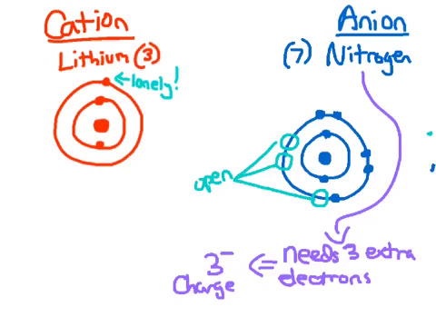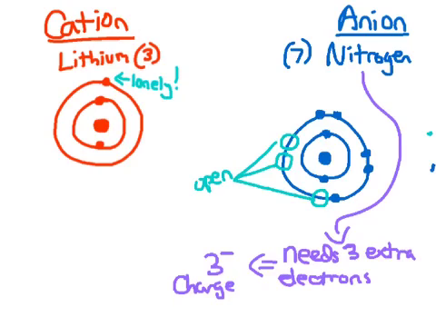Now look at lithium here. Lithium's got that lonely electron. If it got rid of that electron, it would have a nice little full first energy level. So again, guys on the left-hand side of the periodic table like to get rid of those extra 1, 2, or 3 electrons that they have floating around in there because it's easier than getting a whole bunch more. If lithium wanted to fill out its outer level there, it'd have to get 7 other electrons. That's really hard. It's much easier to get rid of this 1 extra one.